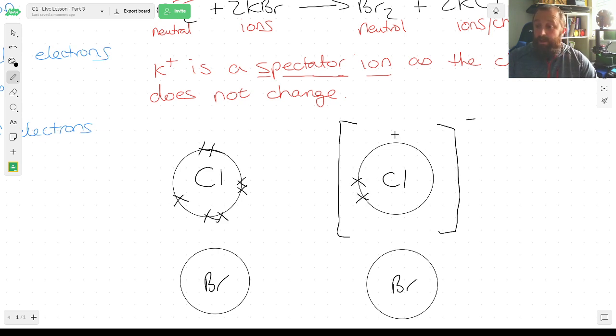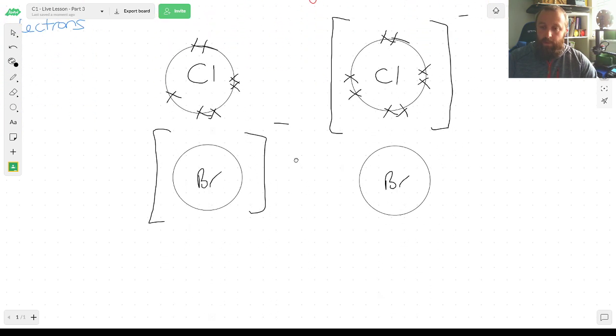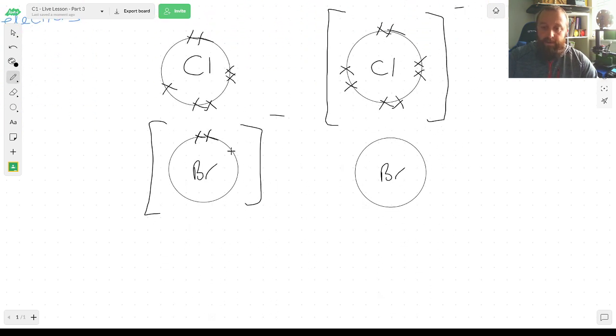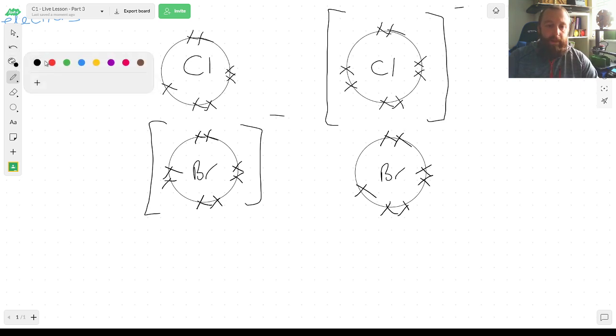Chloride has 8 electrons in the outer shell. Bromide has 8 electrons. Bromine has 7 electrons. So what's actually happening here is one of these electrons on the bromide is being transferred to the chlorine.